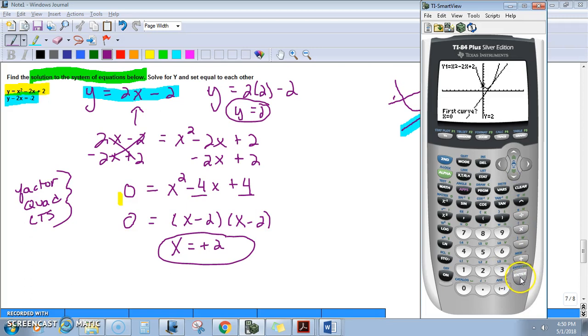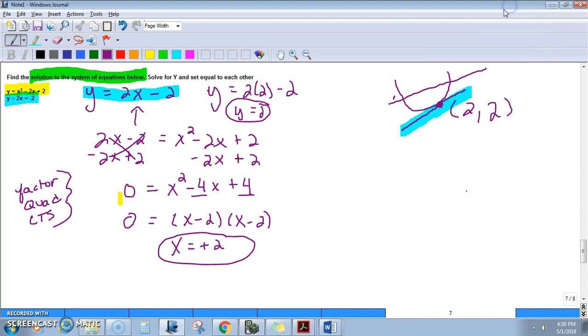Do I want this to be my first equation? Yes. Do I want this to be my second equation? Yes. Do I want to guess? Yes. And there we go. Our intersection is 2 comma 2. So I was able to check my answer that I got from factoring and solving, and that is where those two equations are equal to each other.